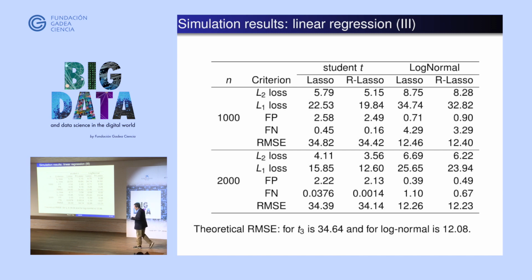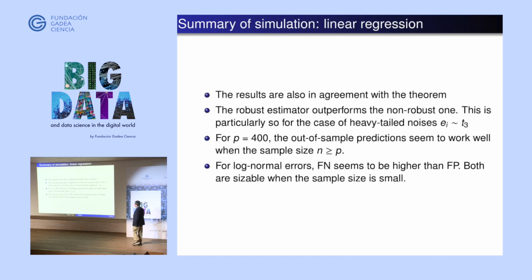So in some sense, for robust estimation in this particular simulation, the robustified version performed better than the regular one. So I think the truncation for the heavy tail will be useful in this case. Again, the simulation tells you, similar to what we had before, the result also shows that the robust estimator outperforms the non-robust one.